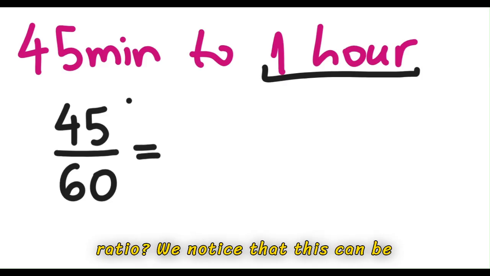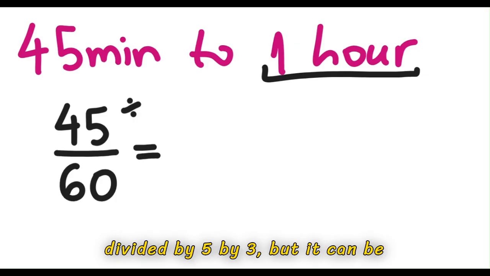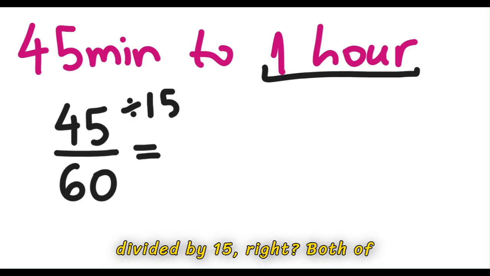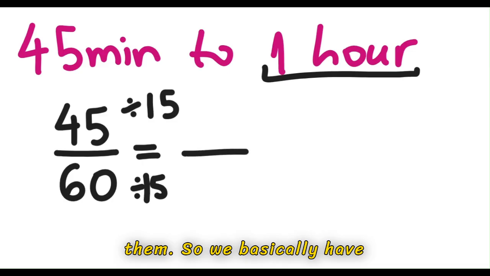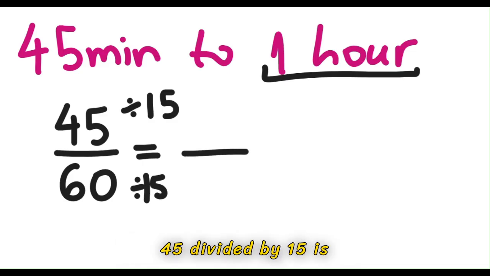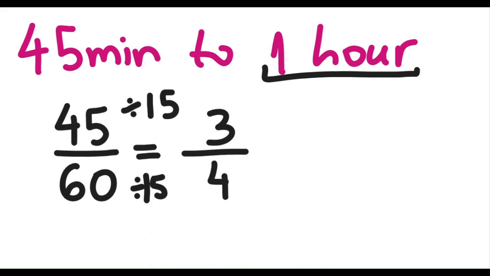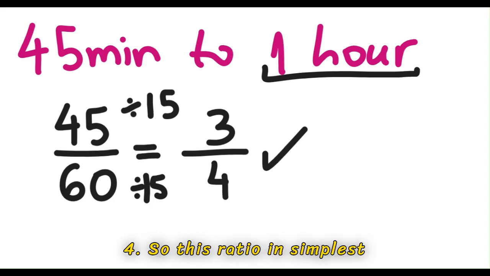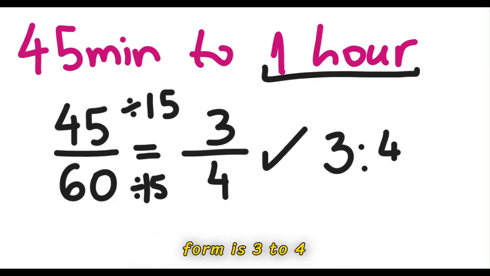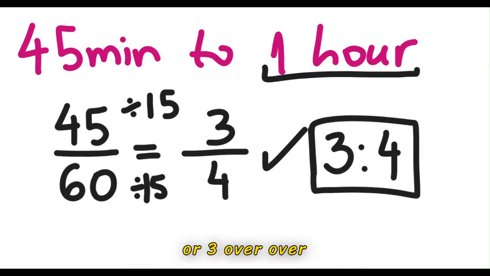We notice that this can be divided by 5, by 3, but it can be divided by 15, right? Both of them. So we basically have 45 divided by 15 is 3, 60 divided by 15 is 4. So this ratio in simplest form is 3 to 4, or 3 over 4.